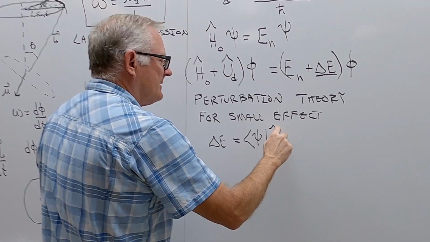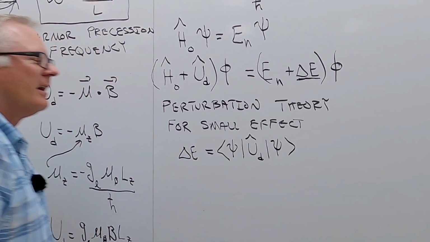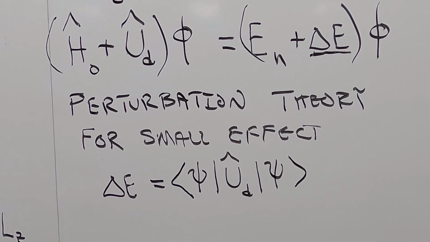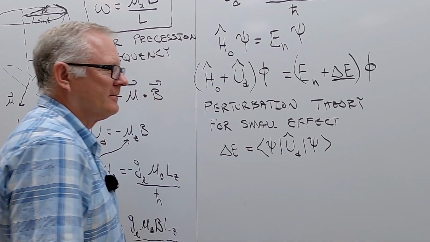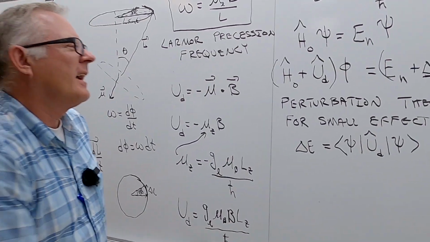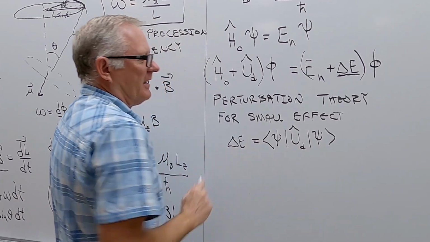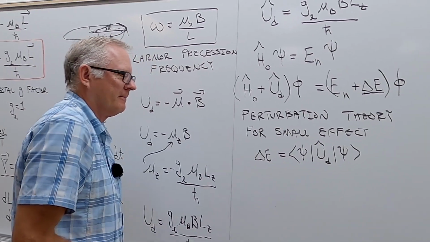You just find the expectation value of that. That's the first approximation, and it is very good for the change in energy. So I don't really have to go back and solve some big complicated problem. All I have to do is solve this right here, and this I know because I know psi and I know my U_D.